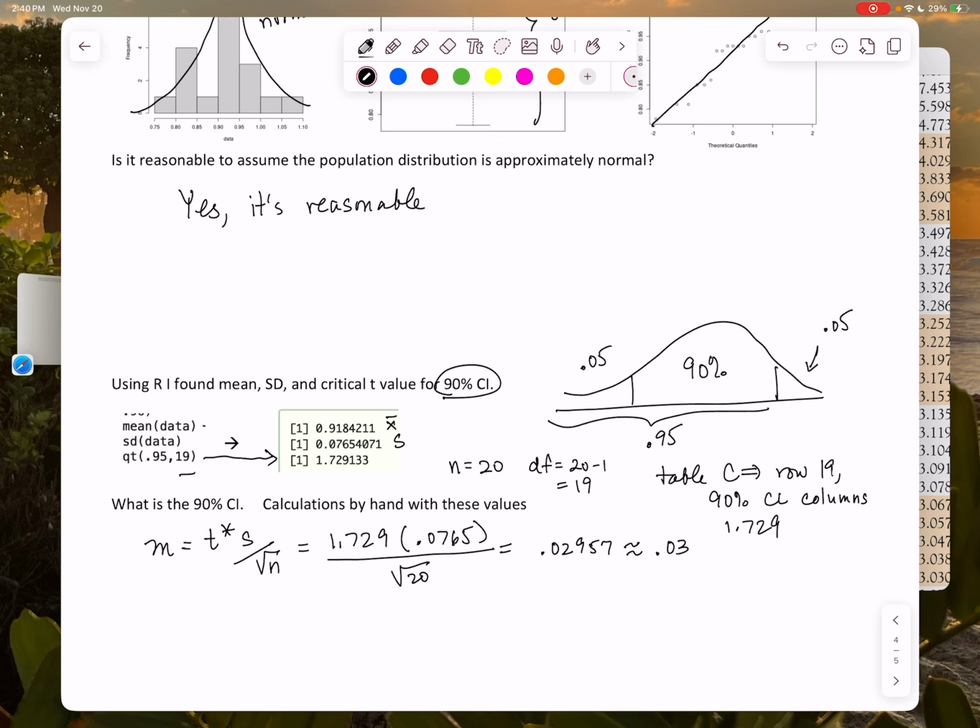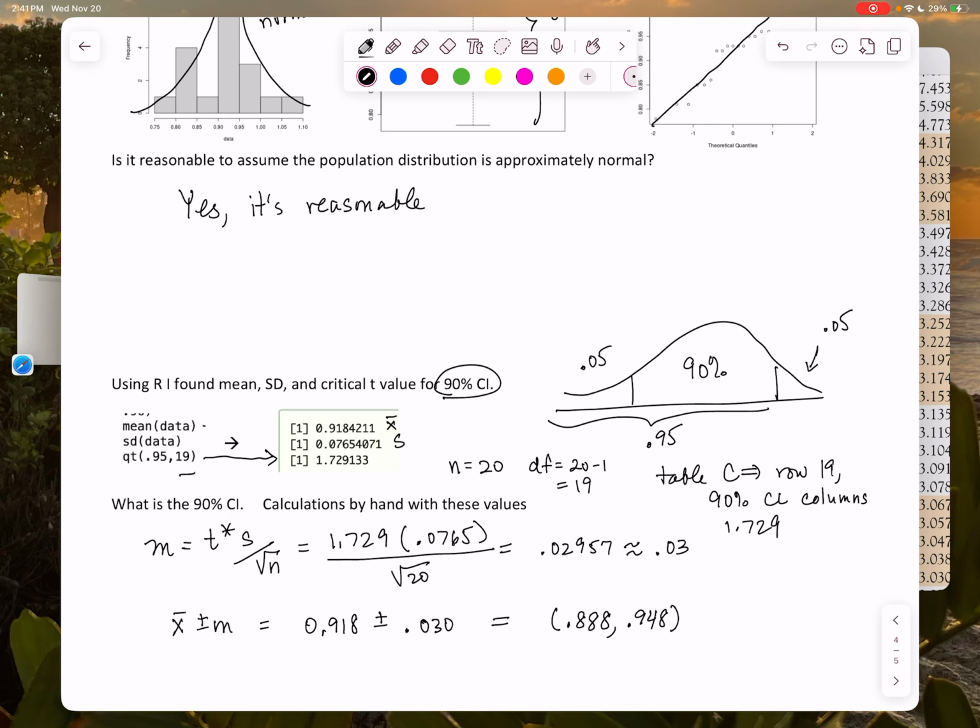And so my confidence interval is x bar plus or minus m, which is 0.918 plus or minus, and I'll round that to 3 decimals, which is 0.030. Then if I take 0.918 and subtract 0.030, I get 0.888, and if I add 0.030, I get 0.948.